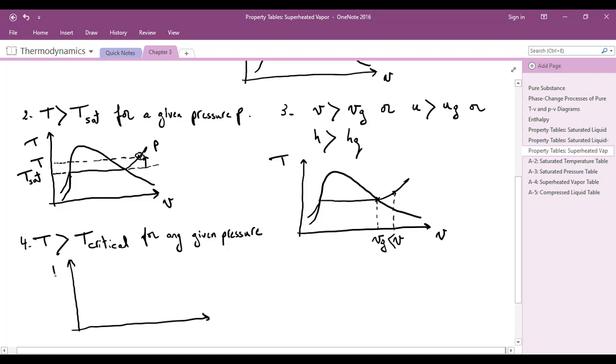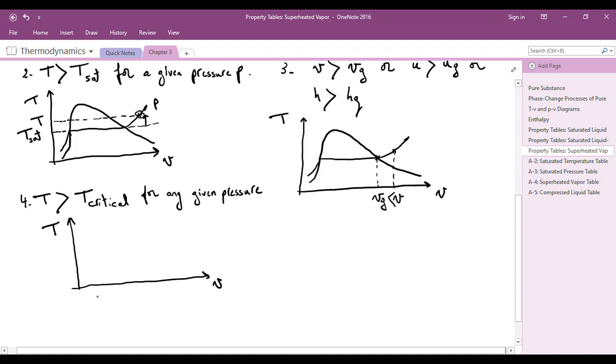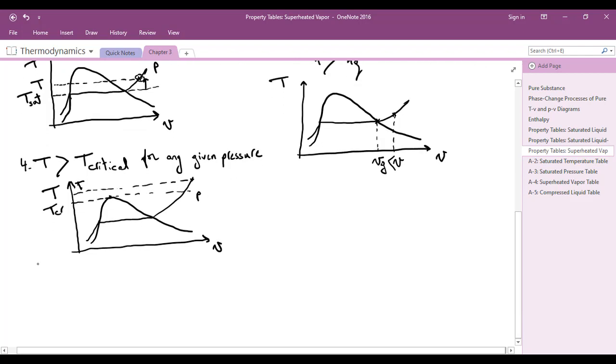For example, this is a TV diagram, and this is the critical temperature, and let's say we have a pressure P. If the temperature is higher than the critical temperature, we are above the critical point, then we can say that the state is a superheated vapor state.